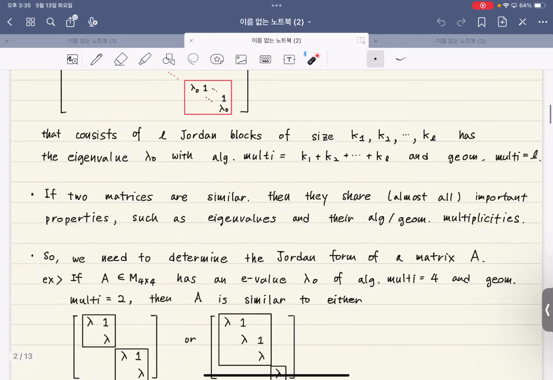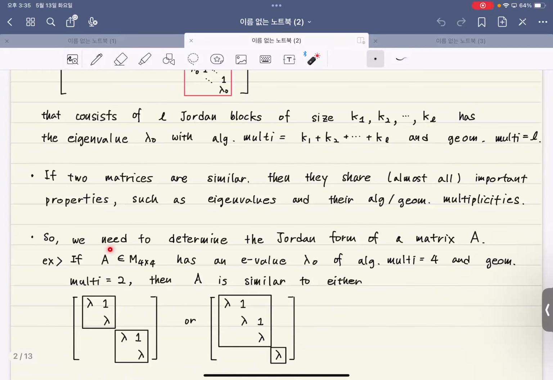Just like this. Suppose that A has an eigenvalue lambda zero, and suppose that this eigenvalue has algebraic multiplicity 4 and geometric multiplicity 2. Then the possible Jordan form of this matrix is either this or that. Why?